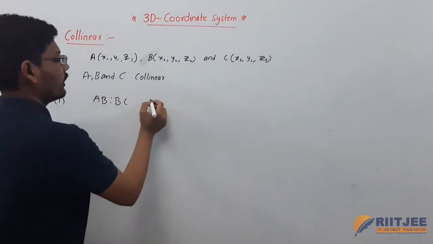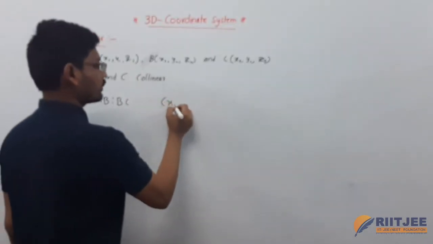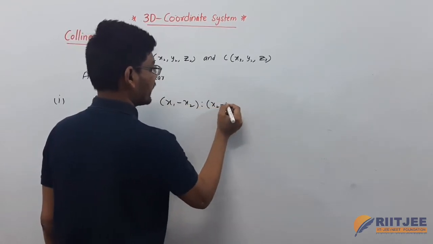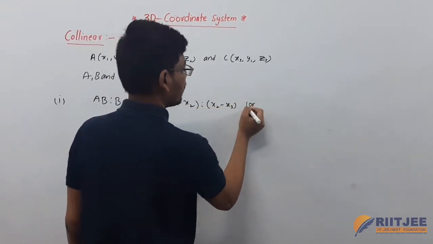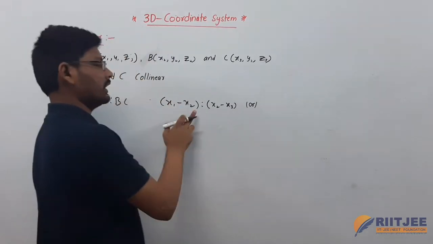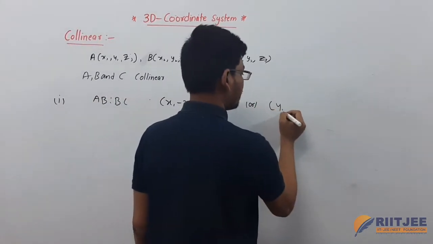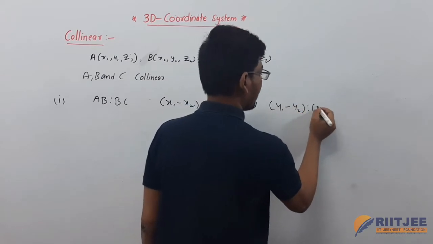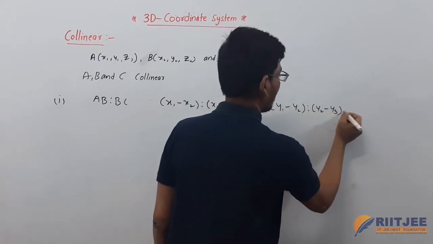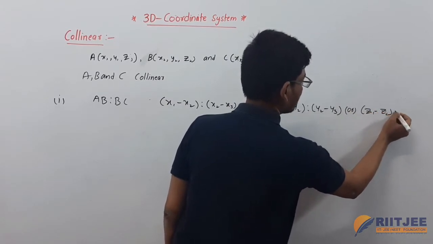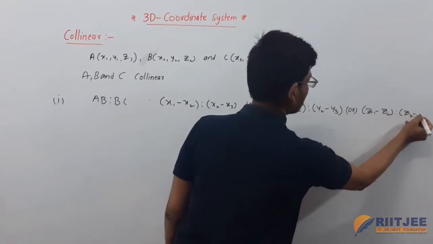here that is x1 minus x2 equals x2 minus x3, or it should satisfy x1 minus x2 equals x2 minus x3, and y1 minus y2 equals y2 minus y3, or z1 minus z2 equals z2 minus z3.